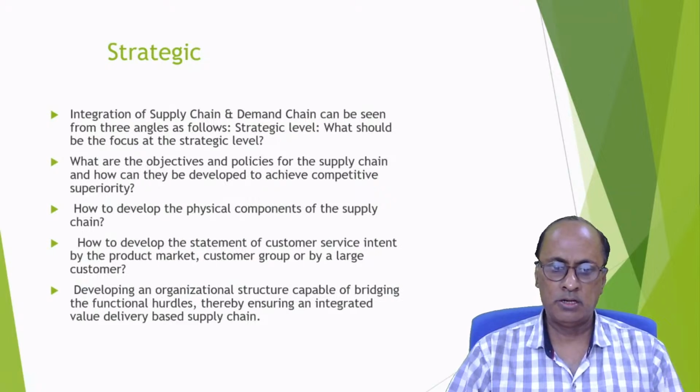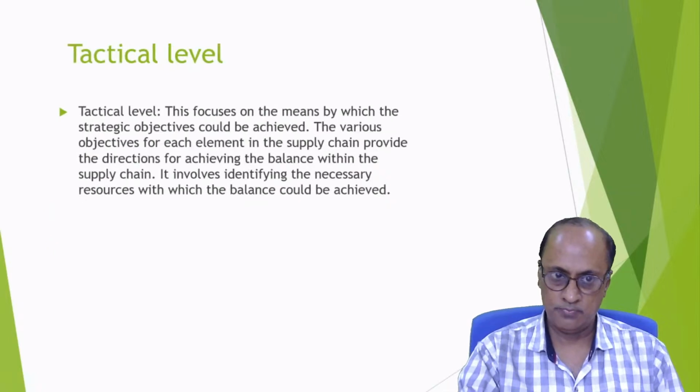I can give you an example. Our policy may be a quick response policy. That means whatever the consumers want, we should quickly make it. So: how to develop the physical components, how to develop the statement, and how to develop the organizational structure.